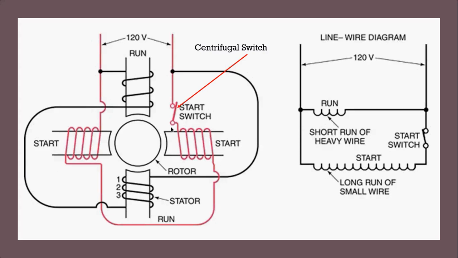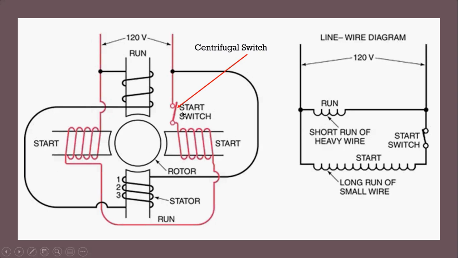initially my start and my run winding are energized at the exact same time because we're giving that motor a lot of energy to start. Once that motor starts and reaches around 75% of its rated RPMs, that centrifugal switch is going to open.